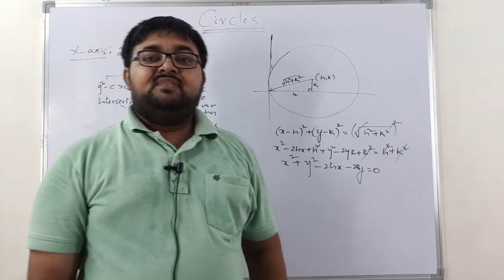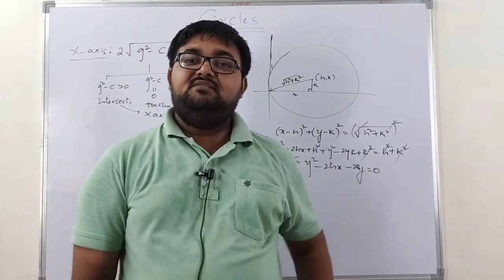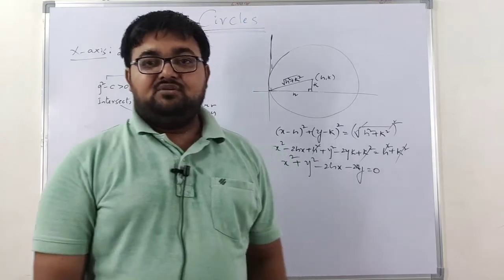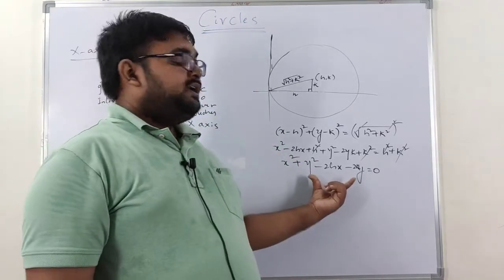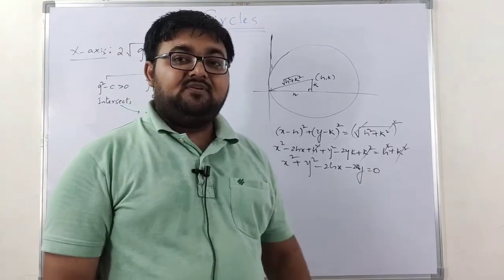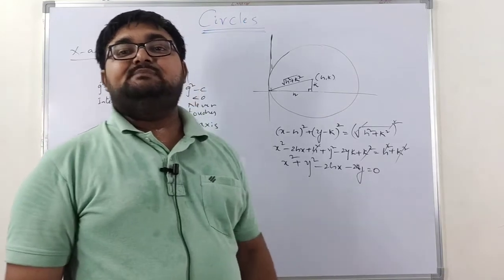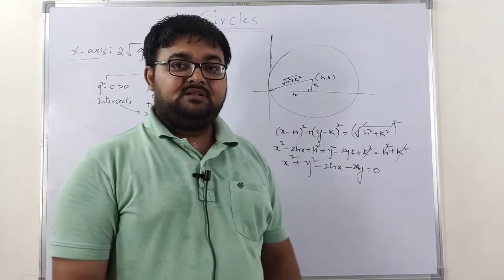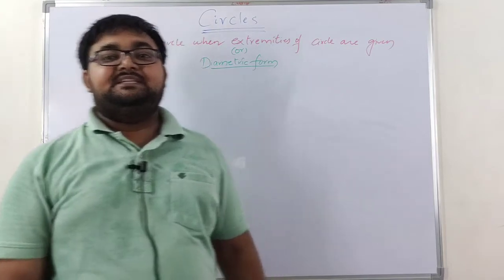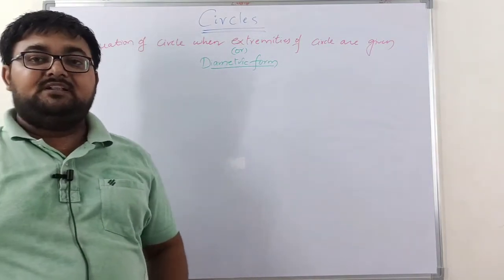The same way, when the circle's center is the origin, you don't have the x coefficient as well as the y coefficient. So if in any circle the constant is missing, we need to understand that the circle is passing through the origin.